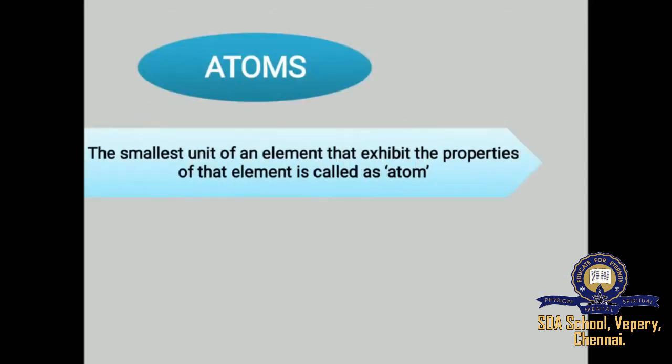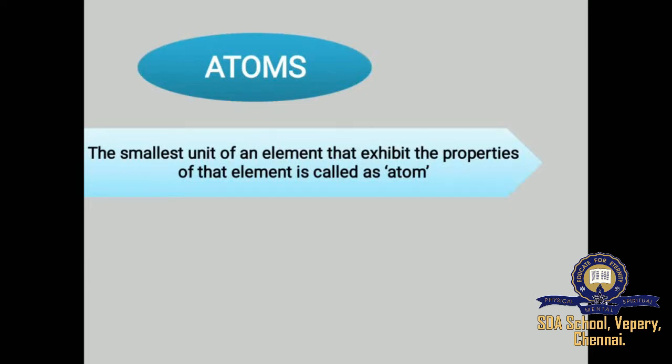Atoms. We all know atoms are the smallest unit of an element that exhibit the properties of that element. They are called atoms. All matter is composed of tiny particles called atoms. So when you take water, rice, and everything we see around us, it is made up of atoms.